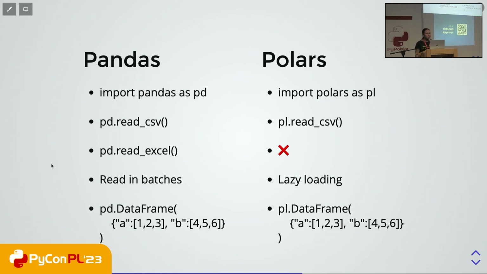In Polars, we have this mechanism called lazy loading. There are a few points where you can do lazy loading. For example, you can use scan CSV instead of read CSV. That will do something similar to Pandas, which is reading in batches.